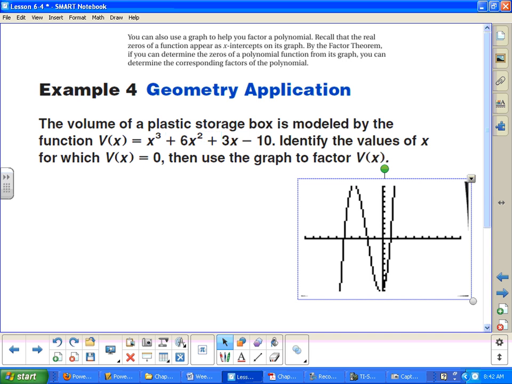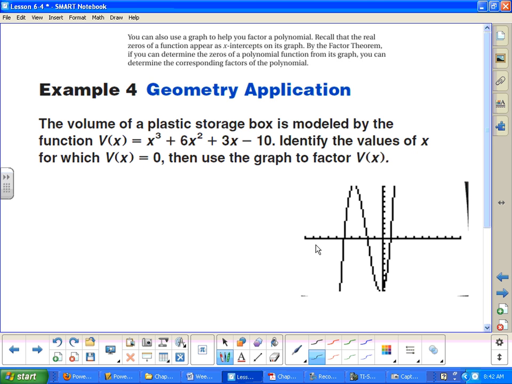All right, so this has 3 zeros, doesn't it? So v of x equals 0 when x equals, let's see what we got, negative 1, 2, 3, 4, 5. So negative 5, negative 2, positive 1.